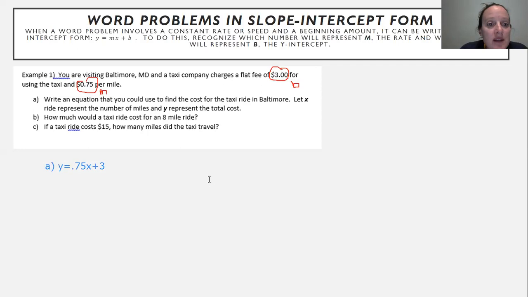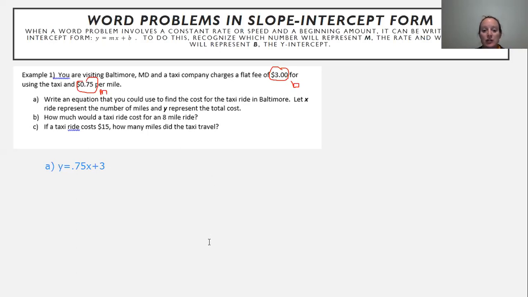So part B says, how much would a taxi ride cost for an 8-mile ride? So we have to think about, what does y equal and what does x equal? y represents your total cost and x represents the number of miles.